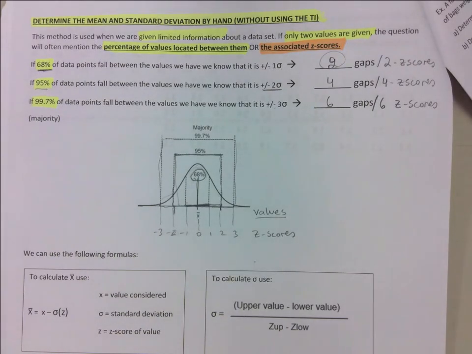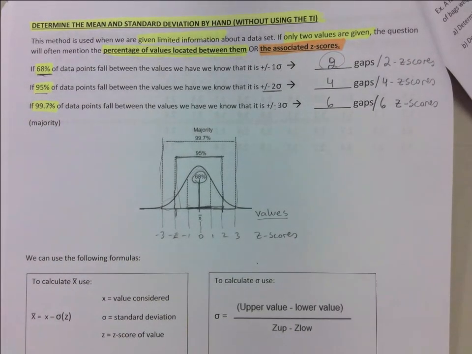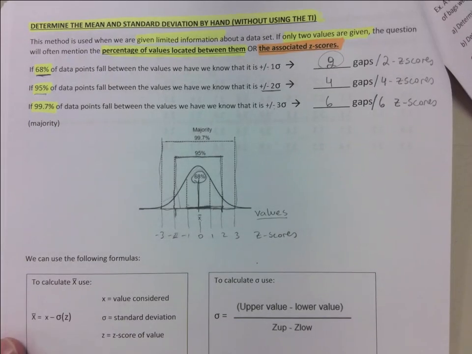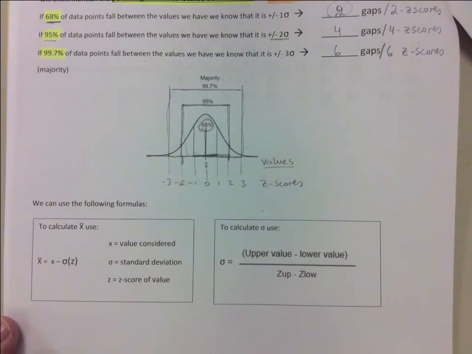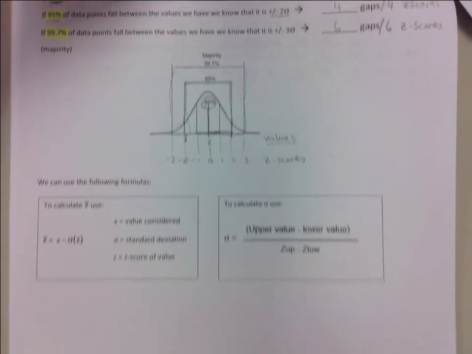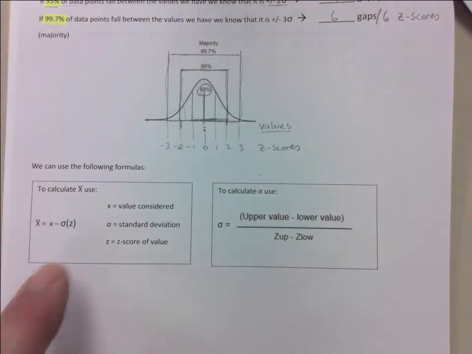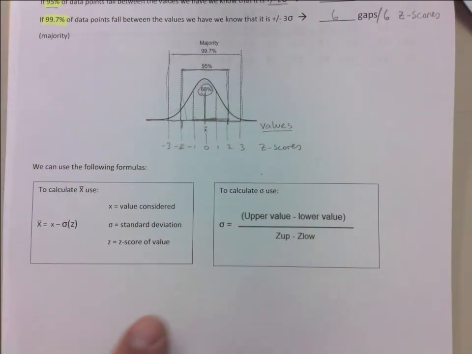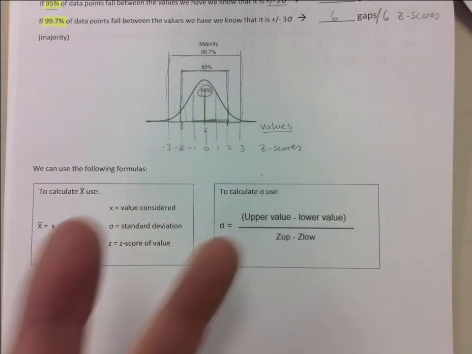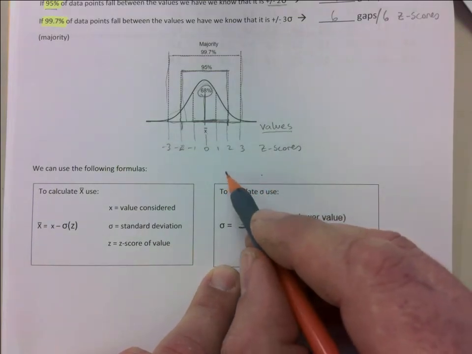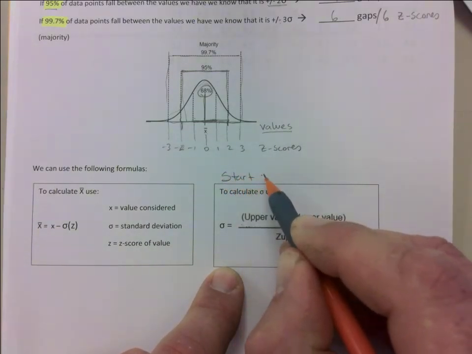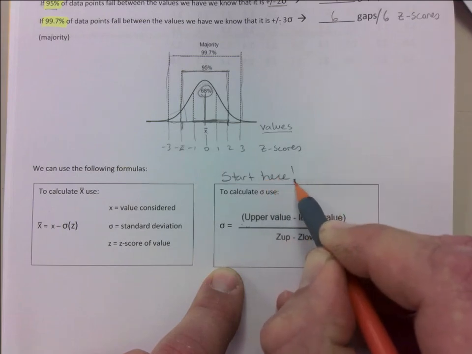That's one thing I want you to be mindful of. Here are two formulas that I want you to include in your study sheets. I wish I had flipped them the other way, because this is the one you start with. Start here every time.